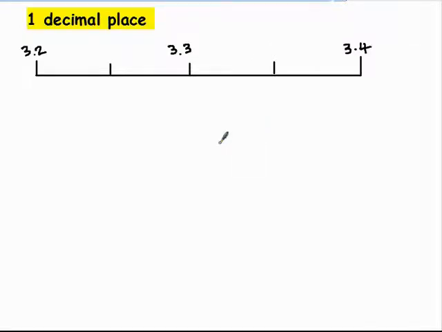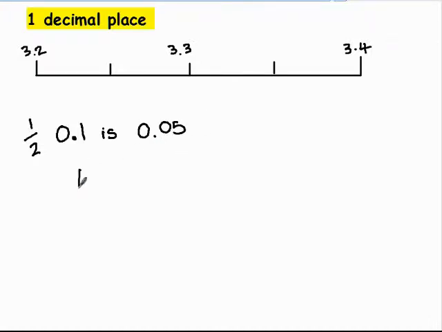So just to prove this, if we've rounded to 1 decimal place, we're going to half 0.1 because that's what we've been rounding to. Well, half of 0.1 is 0.05.